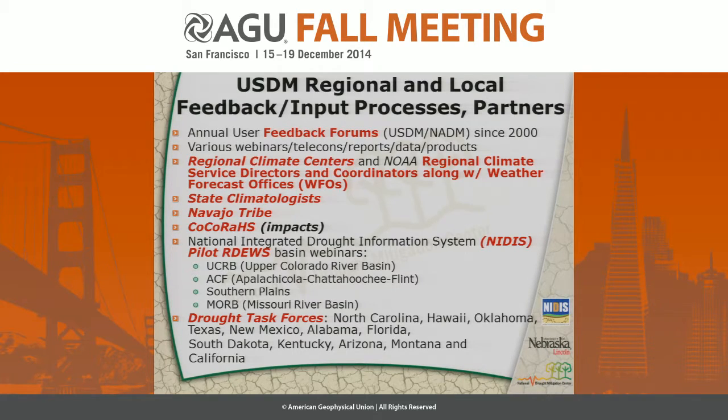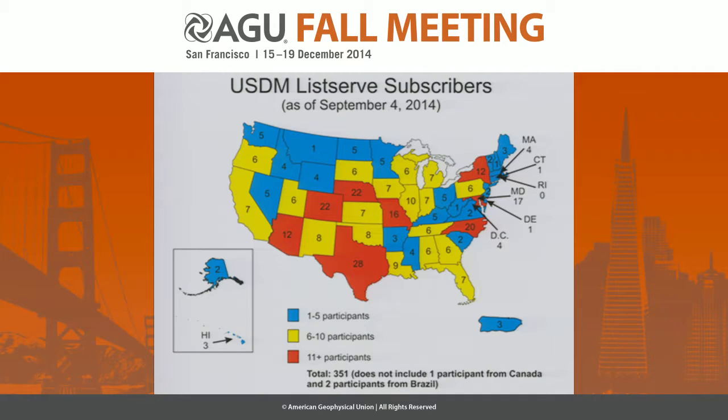We worked with the CoCoRaHS team to develop a drought interface into that, so that's really been beneficial. And then more recently, NIDIS and the State Drought Task Force, which hold their own webinars and briefings that the authors are able to sit in on and quickly assess the conditions from experts in their regions and get that into our product. So that's really a nice addition.